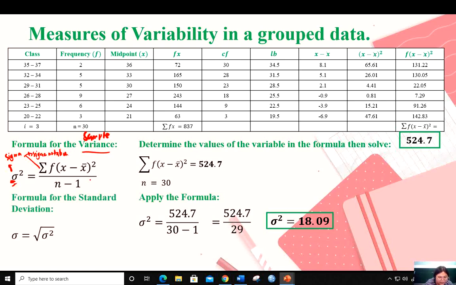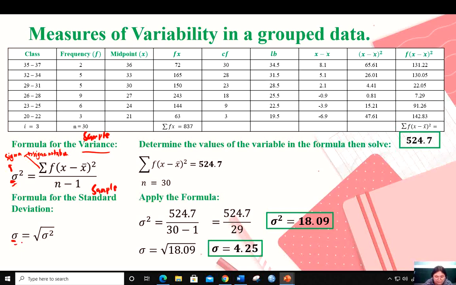So para makuha natin standard deviation, itong standard deviation class, again, it is from the sample formula. So sample standard deviation, itong ating symbol, si sigma. Ang pagkakaiba ni variance and standard deviation, si variance naka-square, si standard deviation hindi. Para makuha natin yung standard deviation, we're just going to get the square root of the variance. Okay, so our standard deviation is 4.25.